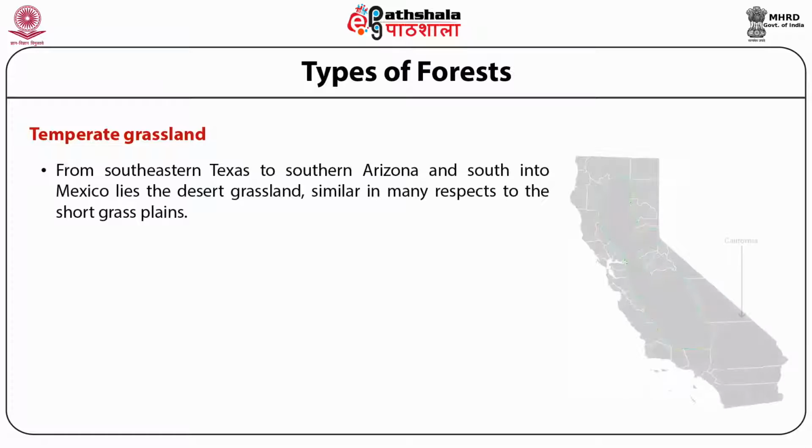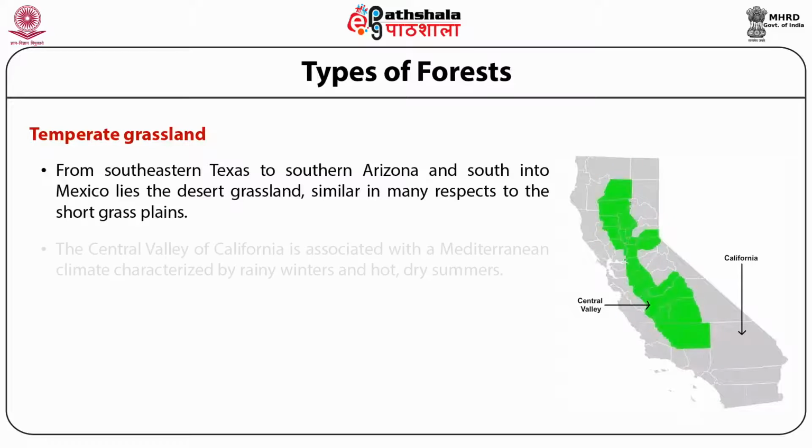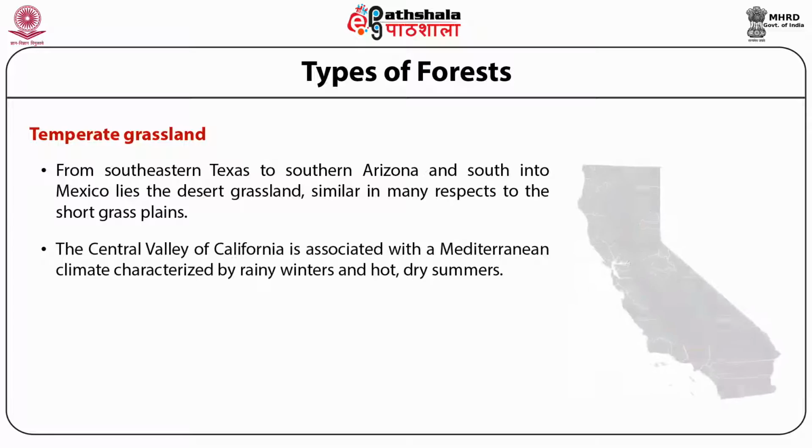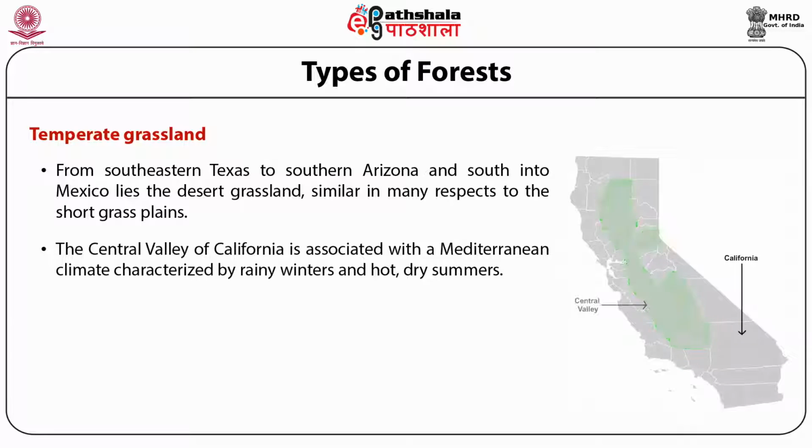From southeastern Texas to southern Arizona and south into Mexico lie the desert grasslands, similar in many respects to the short grass plains. The Central Valley of California is associated with a Mediterranean climate characterized by rainy winters and hot, dry summers.